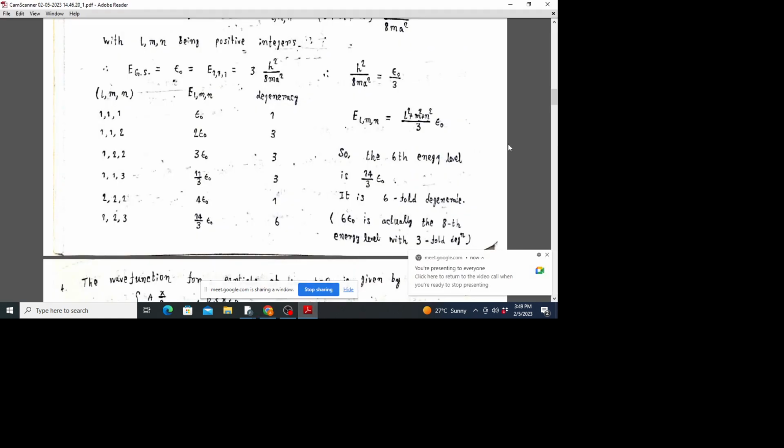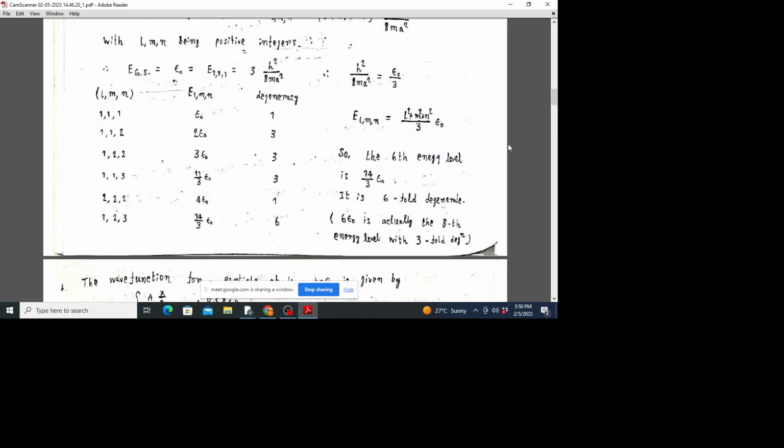So 1 0 0 will not represent a particle in a box, because then the wave function is automatically 0 everywhere. As you see, in a particle in a one dimensional box, the energy level starts from 1, right? The wave function is sine n pi x by a.